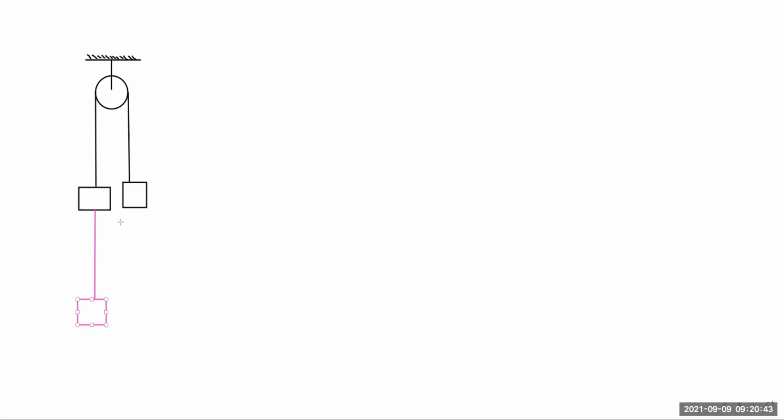Let me do one more block here. Let's call the values maybe m, 3m. Okay, that's fine. So now, can you tell me how many strings are appearing to you?